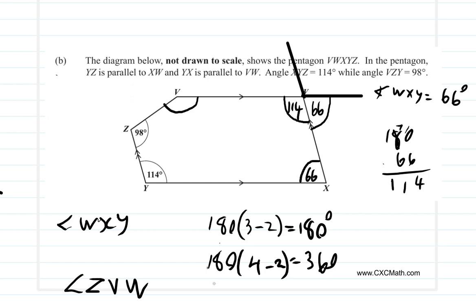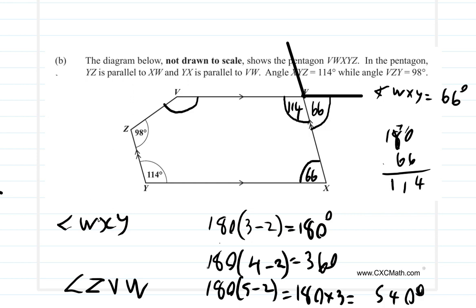Now, as for 5 sides, it's 180 times 5 minus 2. 180 times 3 is what? Calculate it. 3 times 0 is 0, 3 times 8 is 24. Bring down the 4, carry 2. 3 times 1 is 3, and 2 is 5. 540 degrees.